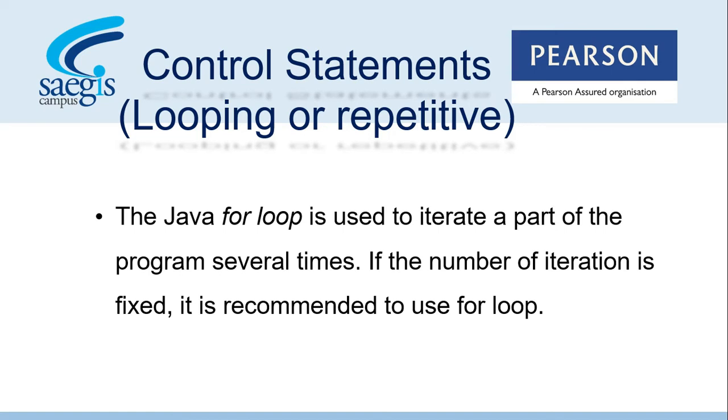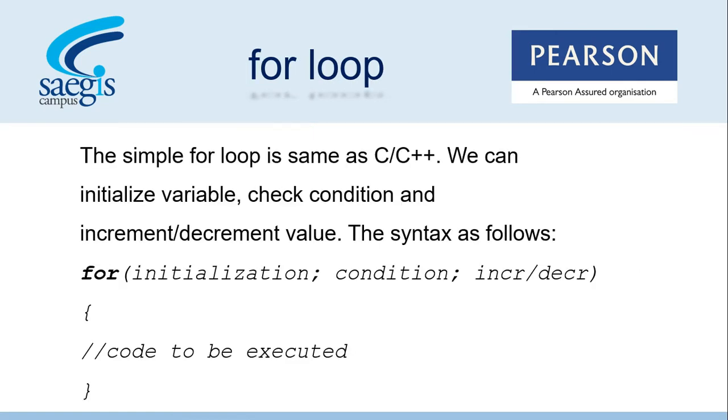This is the syntax for the for loop. At first you give the keyword for, then put the initialization, then the condition that you need to check, then the increment or decrement operator, and then the code that needs to be executed repeatedly.